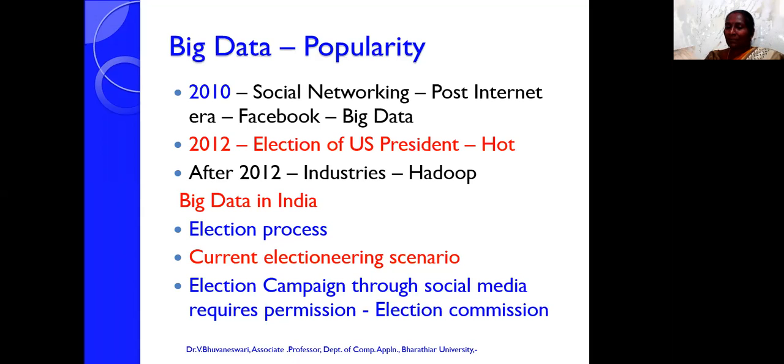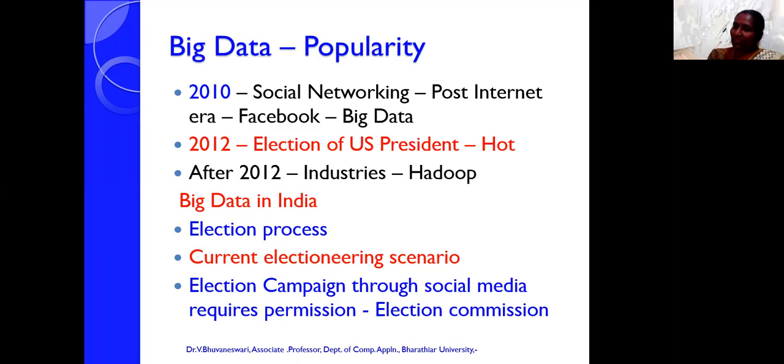What made big data popular was the 2012 election of US President Barack Obama. He used big data as a technology and a tool for his election campaign. Not now, it was in 2012. When social media came in 2010, people were given the freedom and the right to give their likes and opinions about anything.